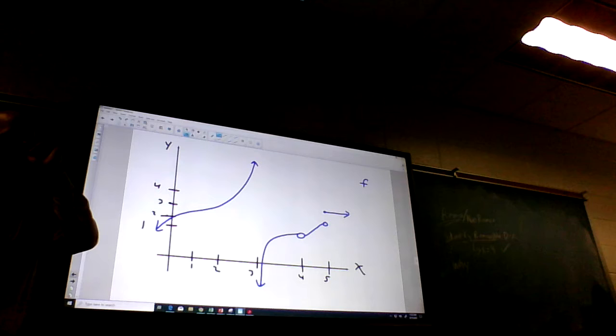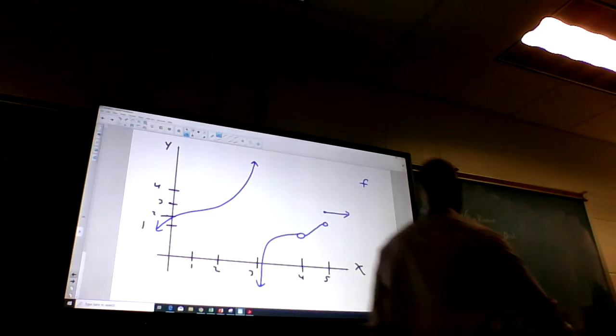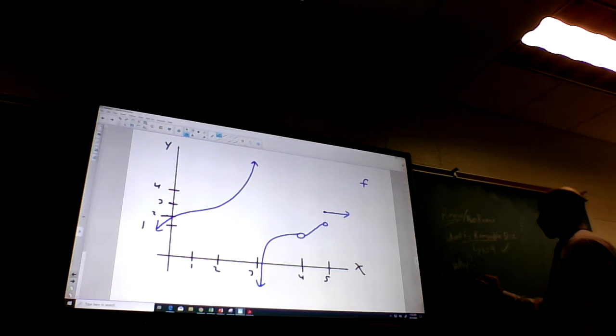James? By defining it, it makes it continuous. So you're saying you could define a value there that would make it continuous? Yes. So he's saying it's removable because we could, quote, fix it by saying, well, I could say this.